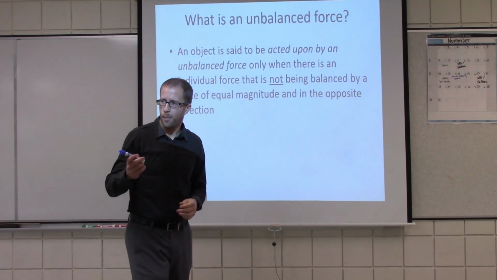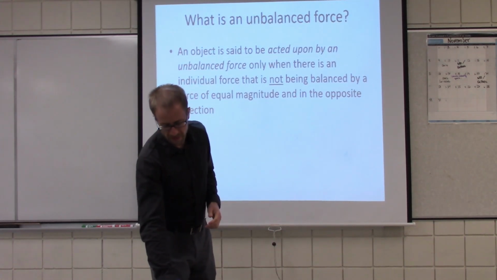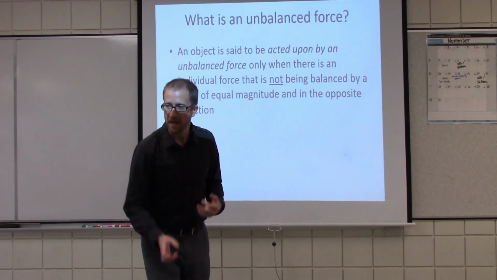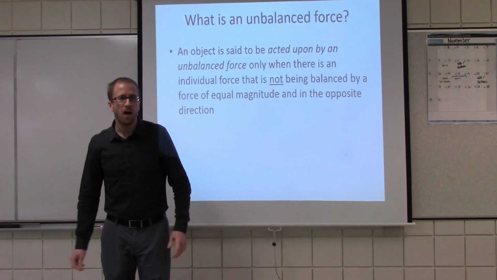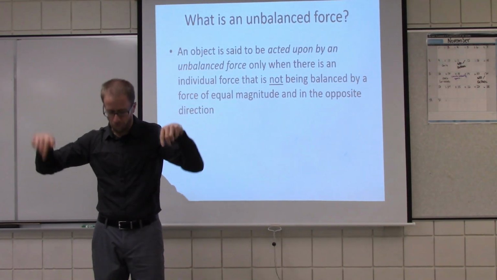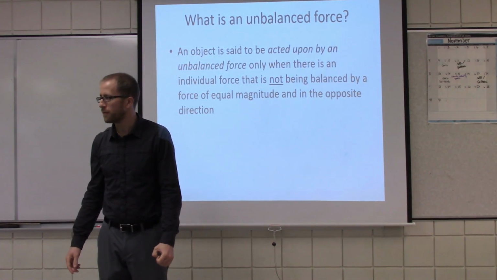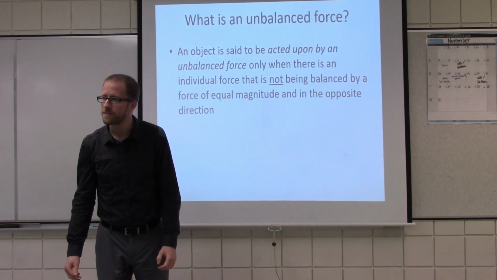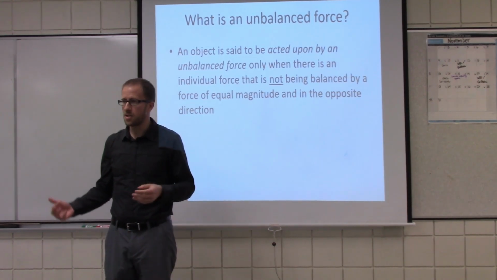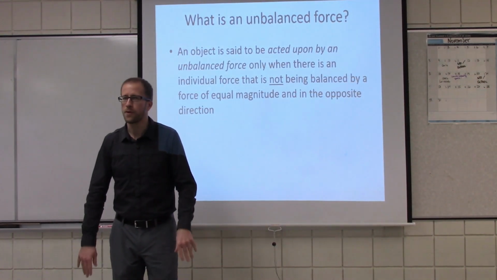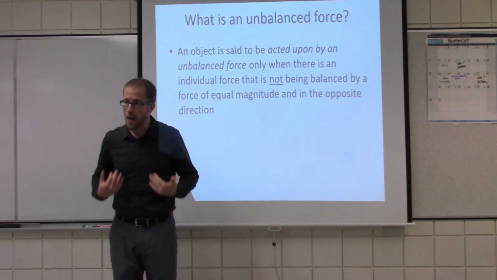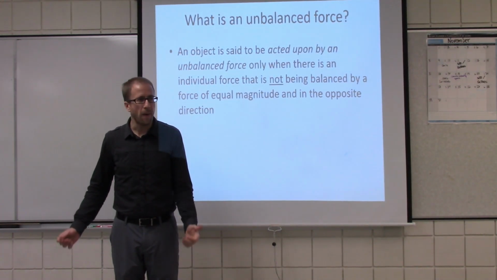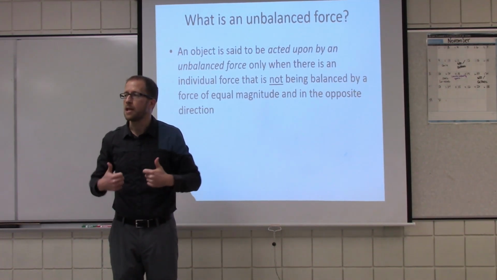So take the example of this marker here on this table, or myself on the ground. Why am I not flying up into the sky or falling down to the center of the earth? Sorry, anyone? Yeah, exactly. So I am pushing down on the ground with a force, my weight to be particular, and the ground is pushing back with an equal and opposite force.